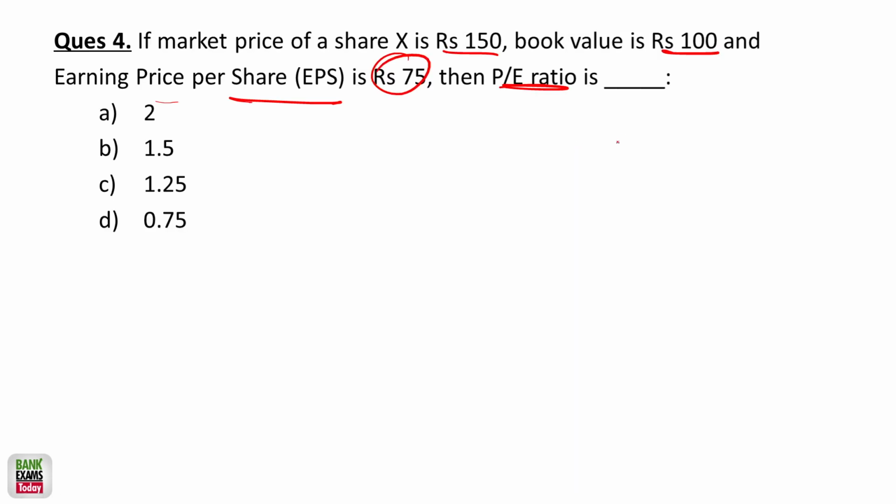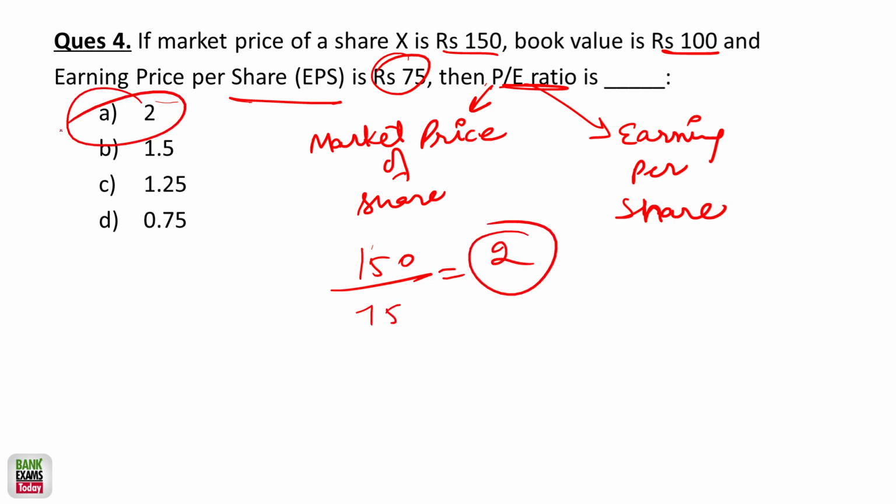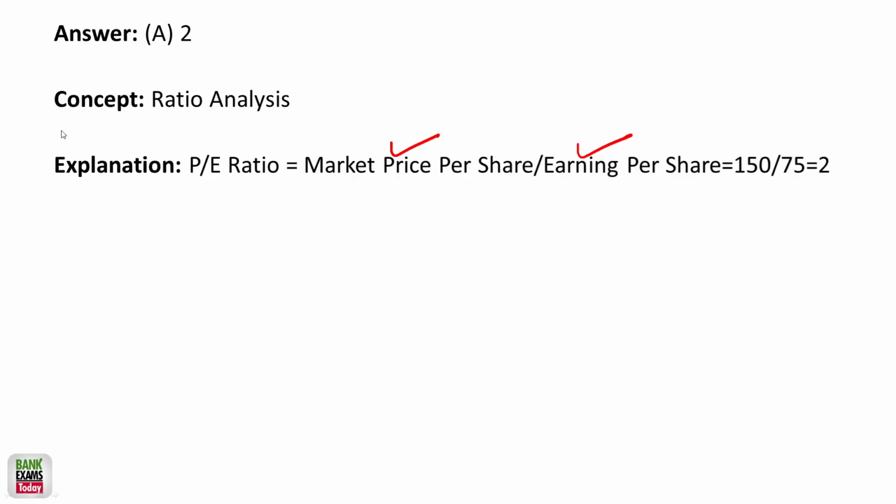As the name suggests, P stands for the market price of the share, and E stands for earning per share. So market price of 150 rupees divided by earning per share of 75 rupees. So 2 is the PE ratio, which is the correct answer.